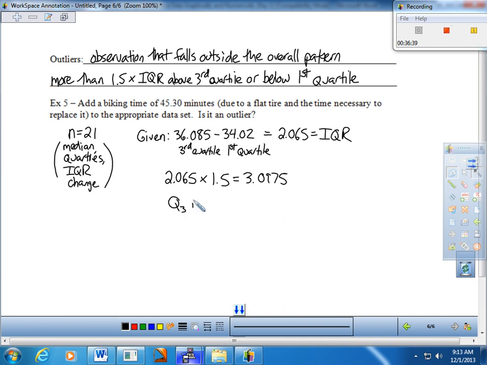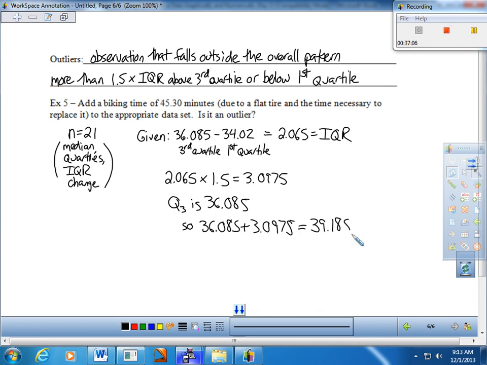Quartile 3 is 36.085. That was given. And so 36.085 plus the 3.095. So, guys, that's the IQR times the 1.5. We add that on past the third quartile, and we end up getting only 39.185 minutes.